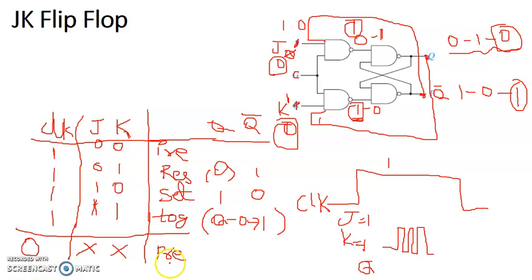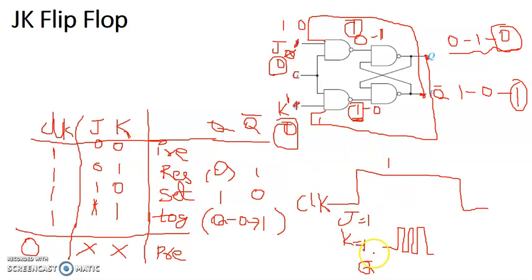That's what has been written here. Now, as soon as I apply the clock and provide the J and K input, I'll get the output here. In the case of the toggle condition, when J and K are both 1, 1 and the clock is 1, for every application of the clock, my output works like set or reset based on the input.